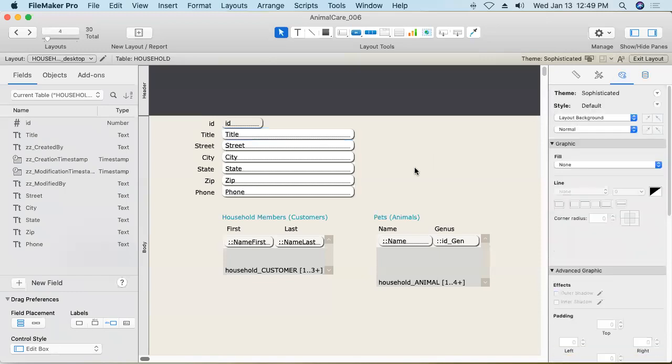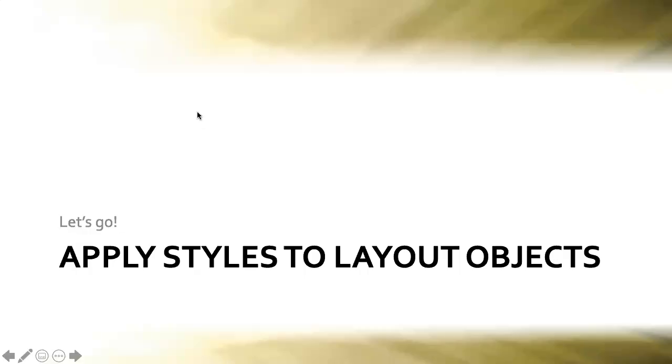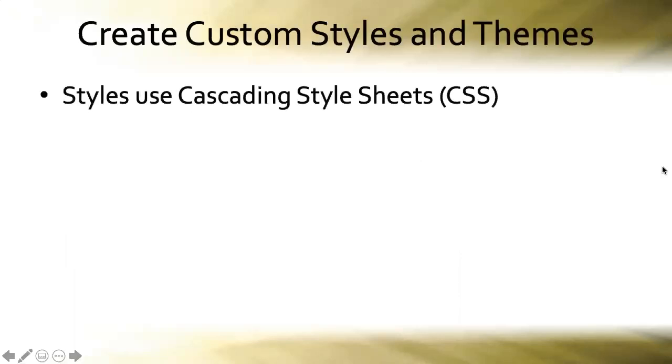Okay, let's take a look at another kind of element here. But before we do this, I want to just switch back into my PowerPoint deck for a second and talk a little bit more about custom styles and themes. I mentioned as we were building those custom styles that the styles feature in FileMaker uses cascading style sheets, which is a very popular and wonderful and beloved web technology.